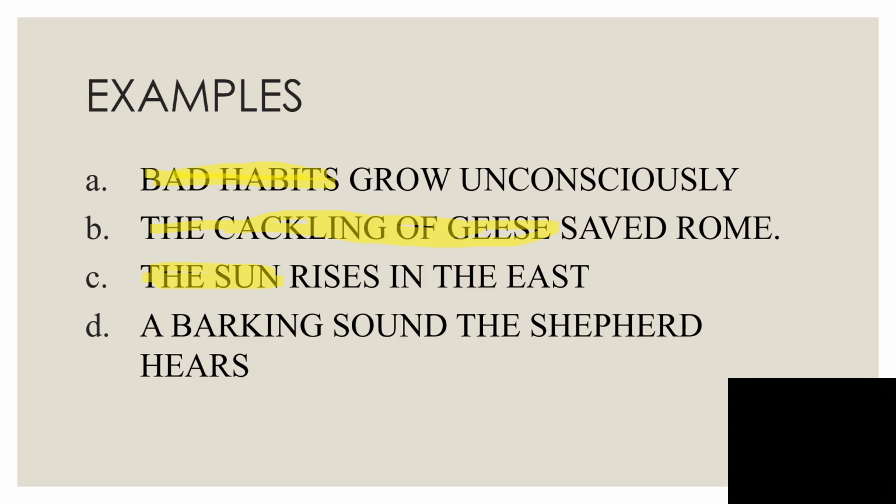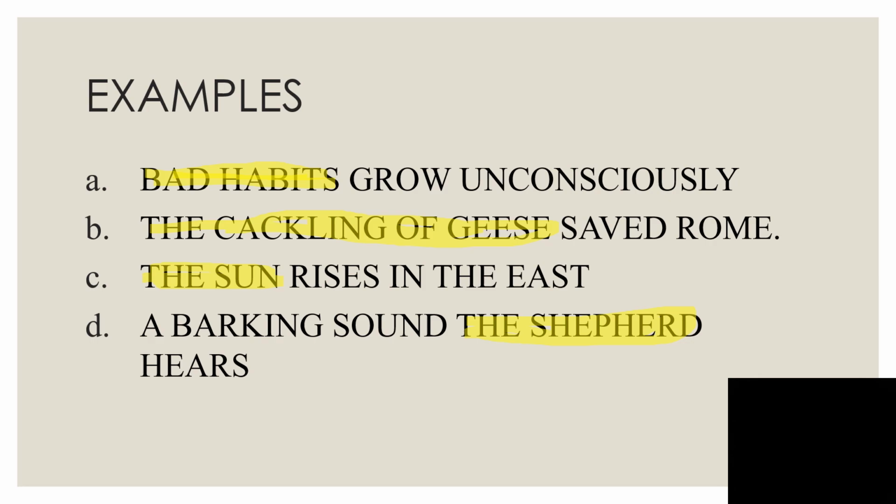Or else you can rewrite the sentence in such a way that: the shepherd hears a barking sound. Who is hearing the barking sound? The shepherd. So the shepherd will become the subject and hears a barking sound will be the predicate.